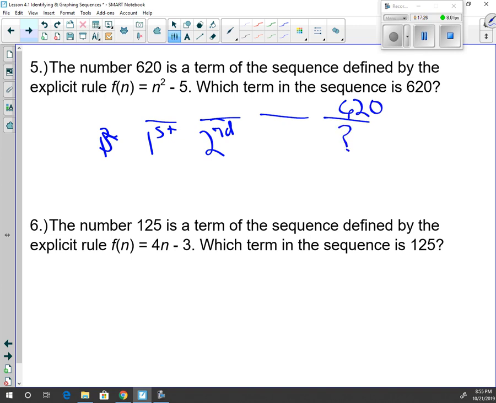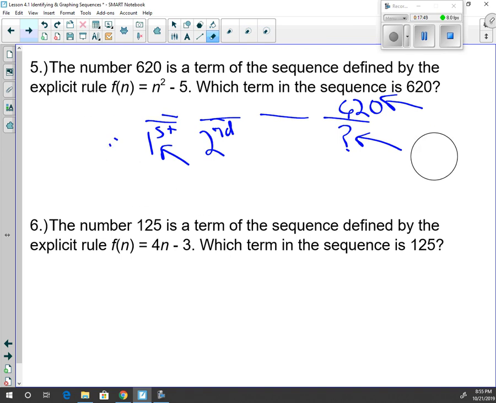I want to find out what term number, what term in the sequence it is. There's a difference between a term value and a term number, right? The term number is like the first term, and that term value is associated with it. So how are we going to go about doing this?